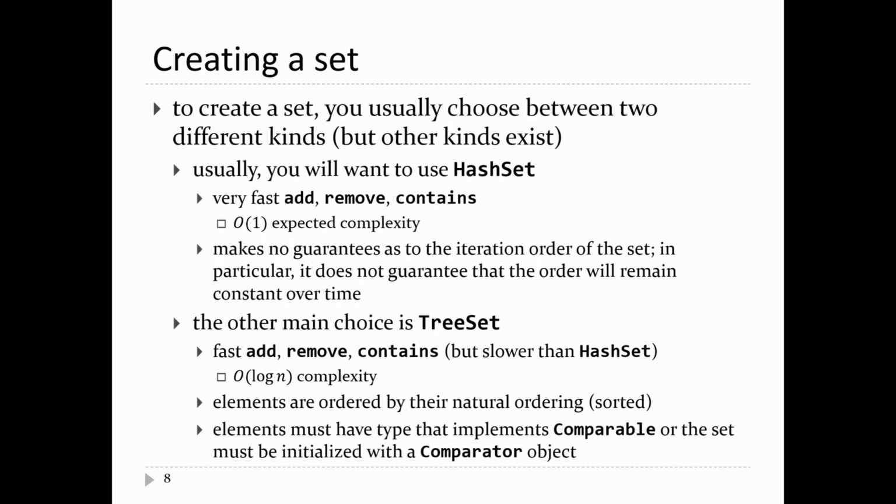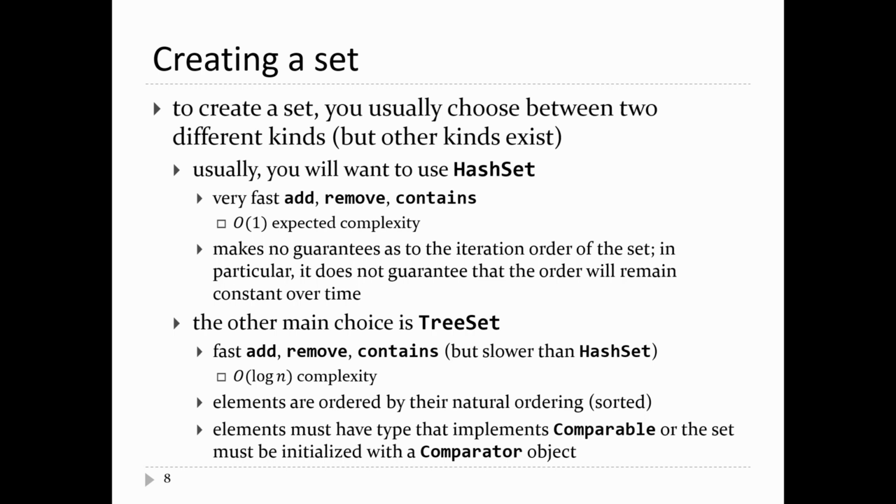All right, so when you want to make a set, you have to pick the kind of set that you would like to use. HashSet is the one most people will pick if they have no other reason to use a different kind of set. The main operations of a set are add, remove, and contains. For HashSet, all of those operations have O(1) expected complexity.